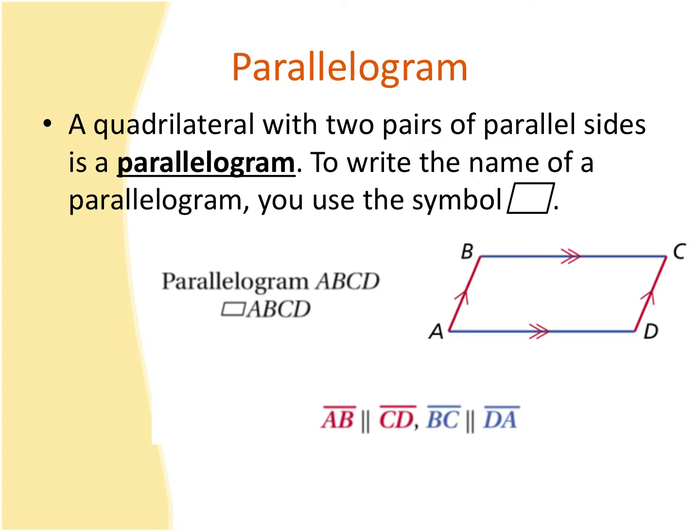When you want to name a parallelogram, you either need to write out the word parallelogram in front of the four vertices, so the four capital letters, or the shortcut will be to draw a picture of a parallelogram in front of the four vertices.